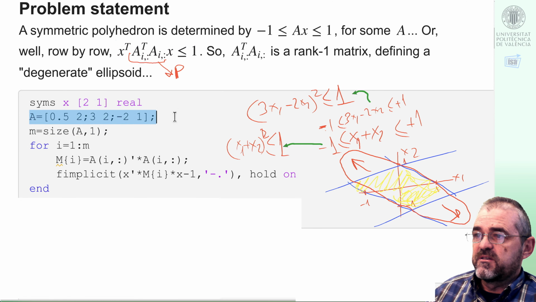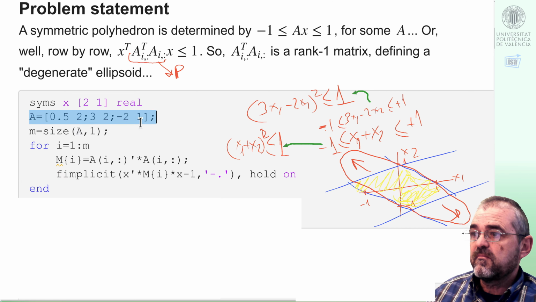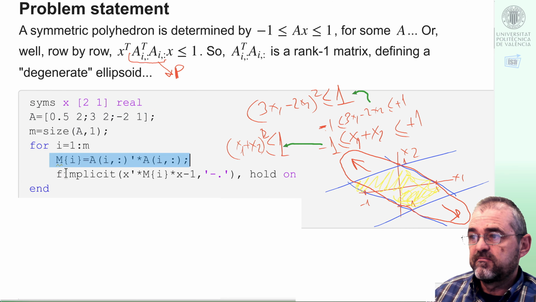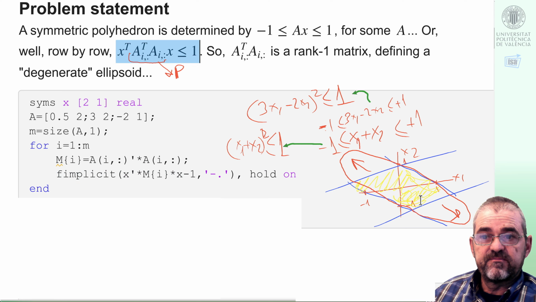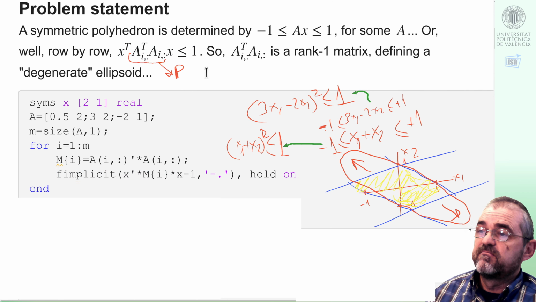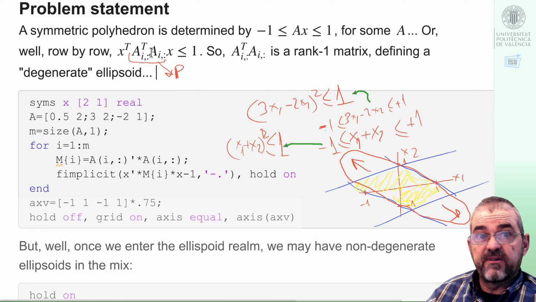So in here, for instance, we have 3 linear restrictions, 3 bands, 6 edges of the polygon, but we form these M matrices and we will draw the bands with this implicit function showing the boundary. But once we enter the ellipsoid stuff, we can just put some extra positive definite matrix in here that is not singular, full rank, so it may define also a non-degenerate ellipse.